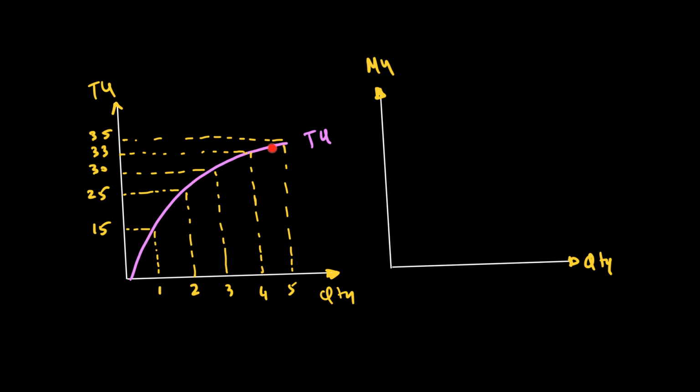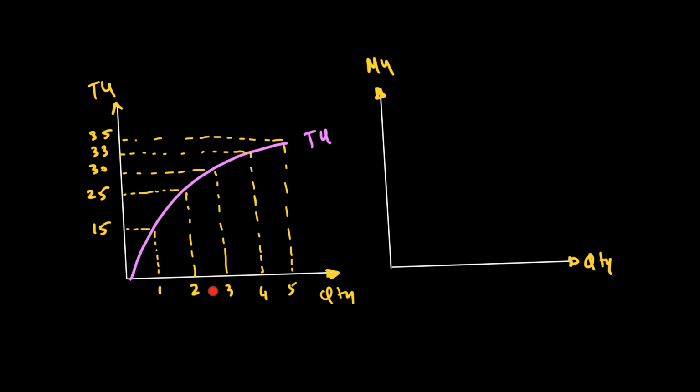So as I consume each unit of the good, you can see my total satisfaction is going up. But what is important to see is that the rate at which it's going up is actually decreasing. Like for the first cup, I get 15 extra. The second cup, my total went to 25, but the difference between 25 and 15 is basically 10. So the extra satisfaction that I get from consuming the second cup is only 10, but the extra satisfaction that I got from the first cup is more, which is 15.